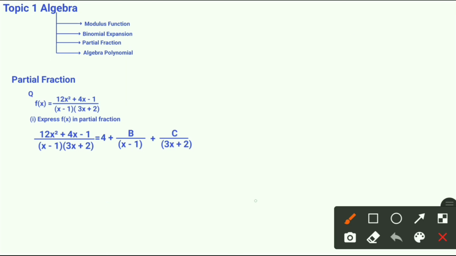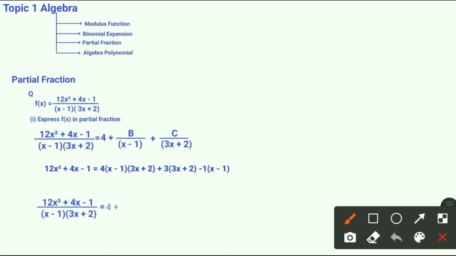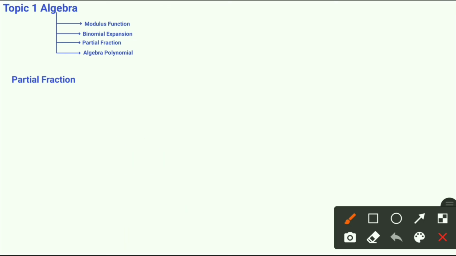Since this is improper, it will give an extra value. The factors are linear and non-repeated. Again, the same thing. Putting the values, we get this. Again, putting the values, we get this. Again, putting the values, and then we got the answer.